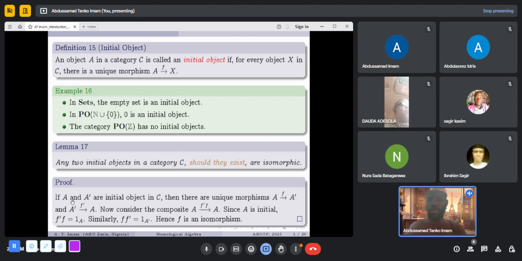If A and A prime are initial objects, then by the definition of initial object, there is always a unique morphism from the initial object to every other object.